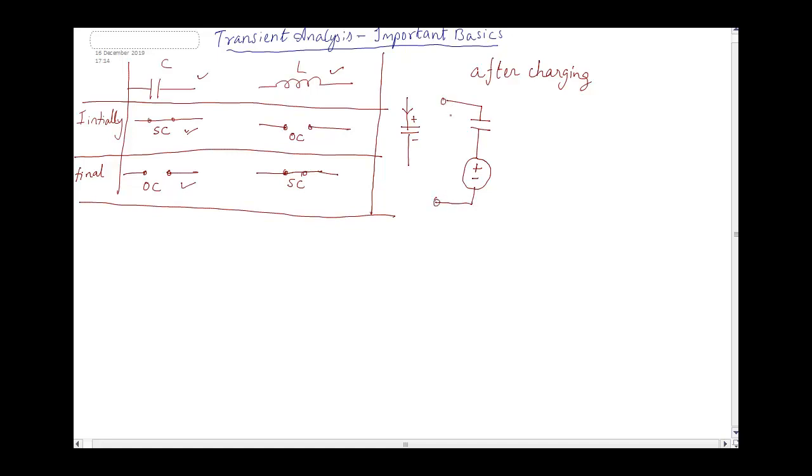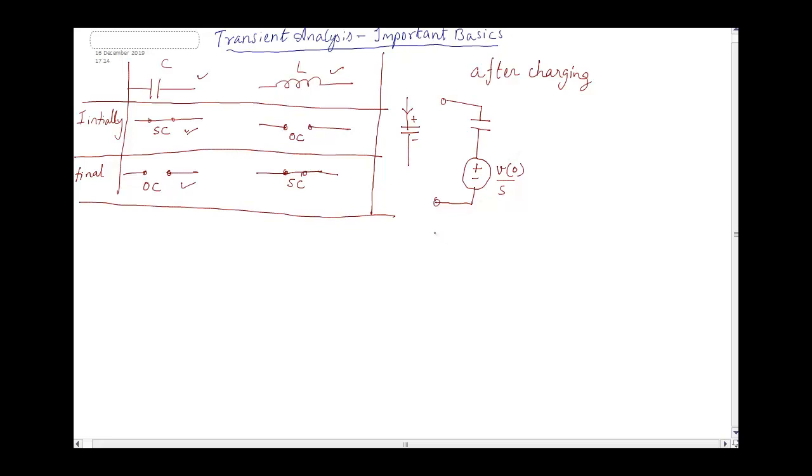So after charging, the capacitor will have a voltage source with it, and that voltage source will have a voltage which is V0 divided by S. Now what is the V0 voltage?